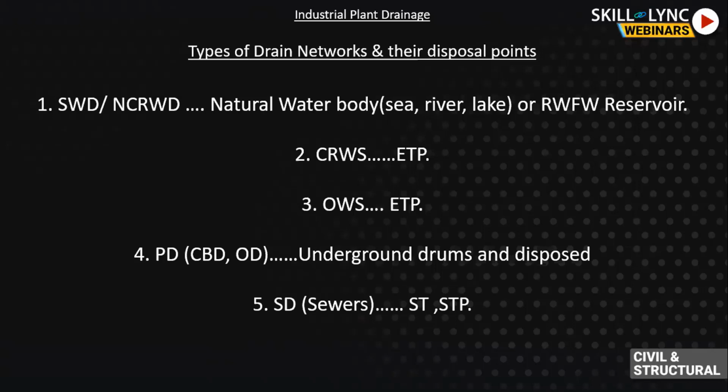It has to be free flowing or gravity flow. Introducing pumps certainly increases the cost. Whenever there is no other alternative, like suppose the height where the disposal is to be done is much above, then you will require to add a pump. But usually the pumping system you should avoid.